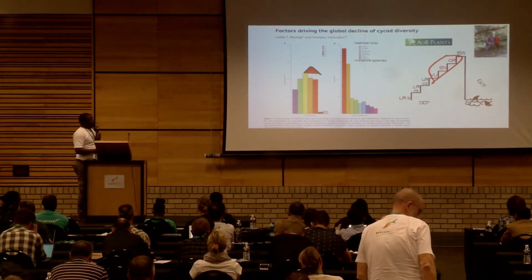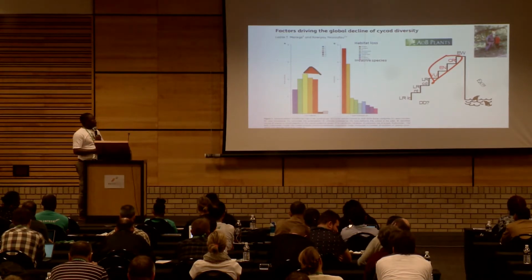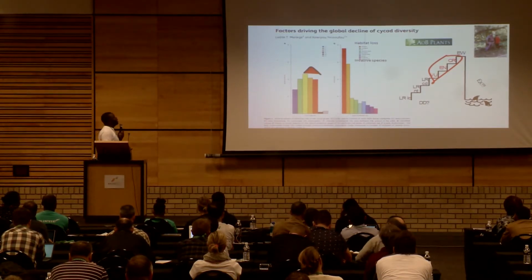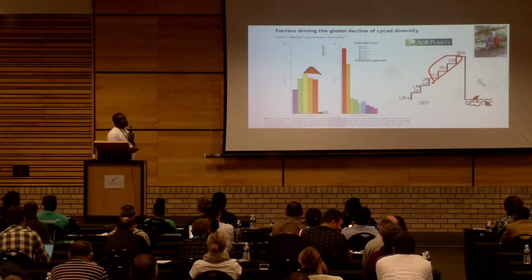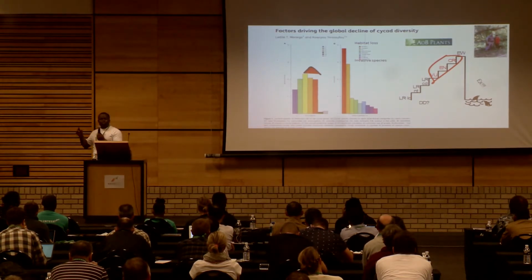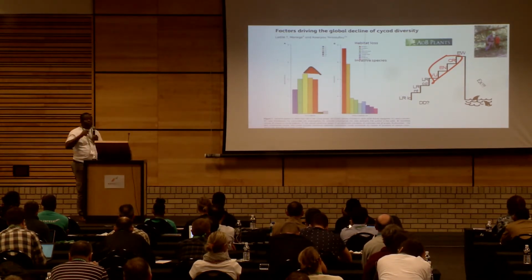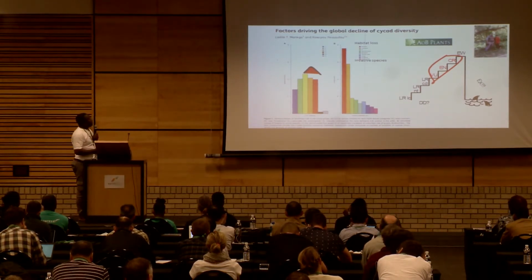All of them put together, you have something like 70% of Cycad species threatened with a high risk of extinction. And here you have a summary of all the threats, from habitat loss to invasive species, and in between you have fire, you have grazing, you have reproduction failure, and you have invasive species. These are some of the threats that we find.